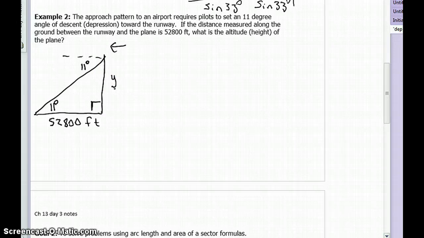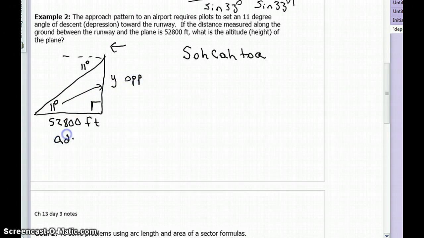The key is we're going to write SOHCAHTOA again. What trig function do I use? So SOHCAHTOA. And of course it's going to be based on the angle that you're at. And so we have opposite and then we have adjacent. So this is opposite and this is adjacent.